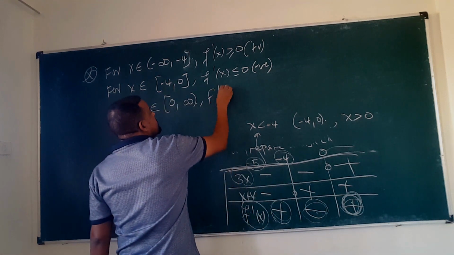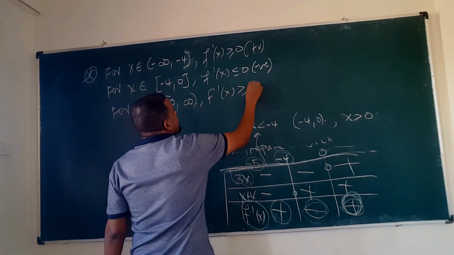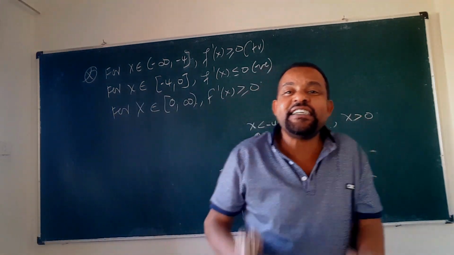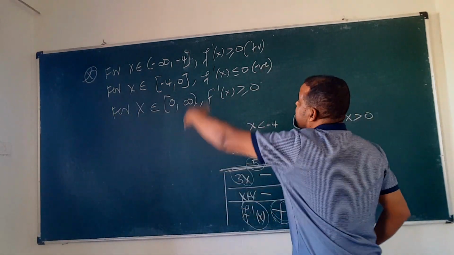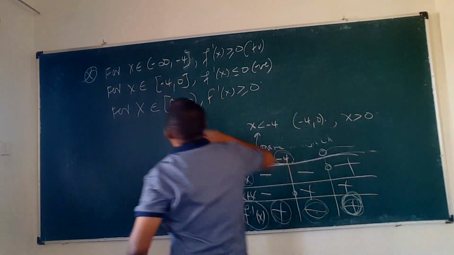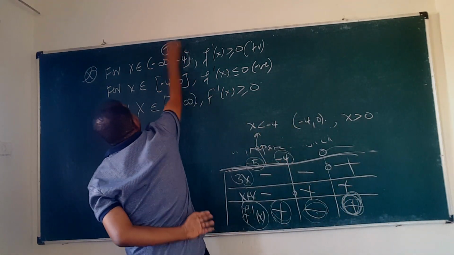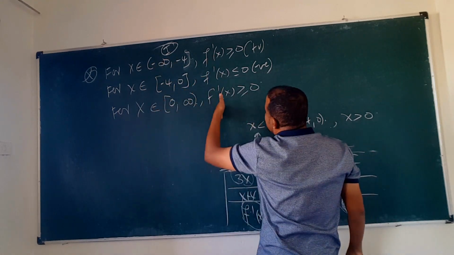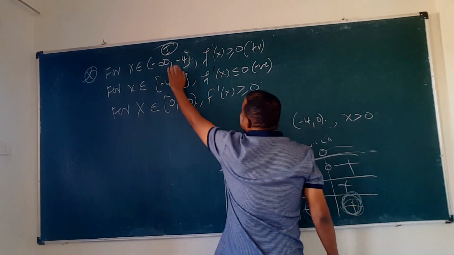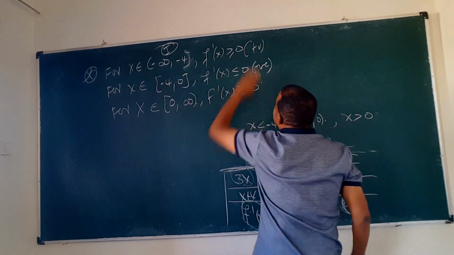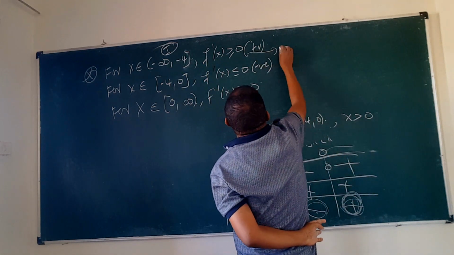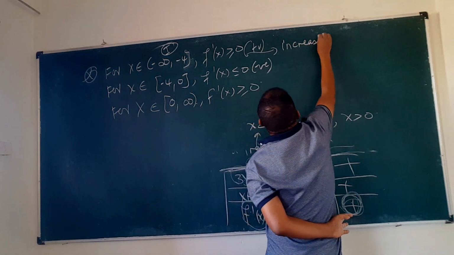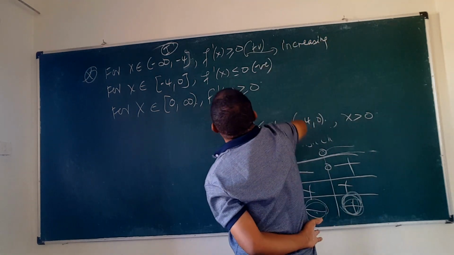Then the first derivative of that function is greater than or equal to 0. So now we bring it to the increasing-decreasing test form. These are the intervals, and the first derivative looks like this. So in this interval the first derivative is greater than or equal to 0, so the function is increasing; this is an increasing interval.